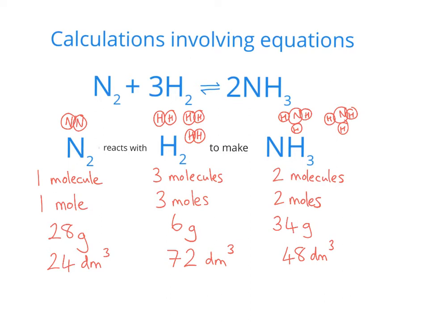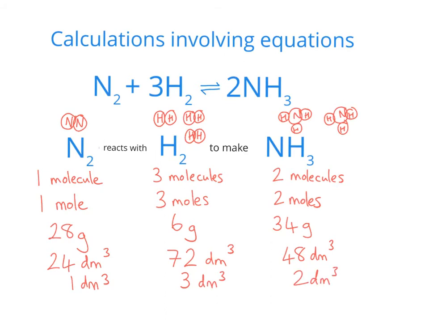But volume can change, and we know that from when we did Le Chatelier and equilibrium, and changes in pressure will affect the position of the equilibrium. And so I could simplify that even more and just say that 1 decimeter cubed of nitrogen would react with 3 decimeter cubed of hydrogen to make 2 decimeter cubed.